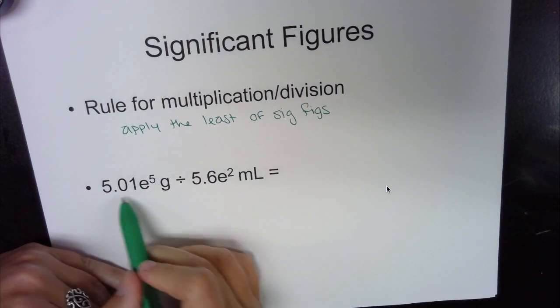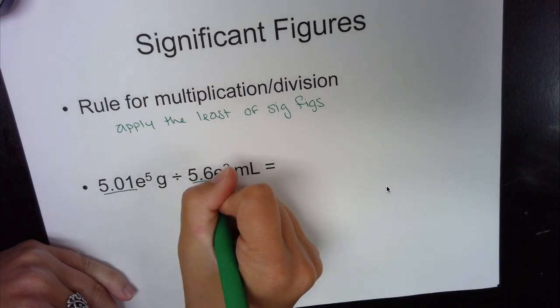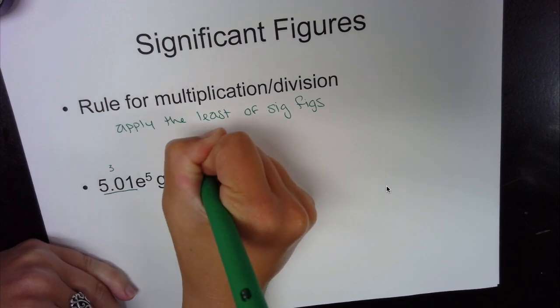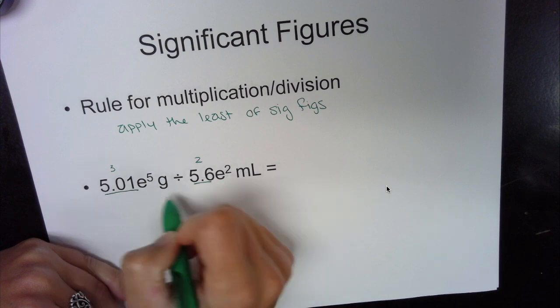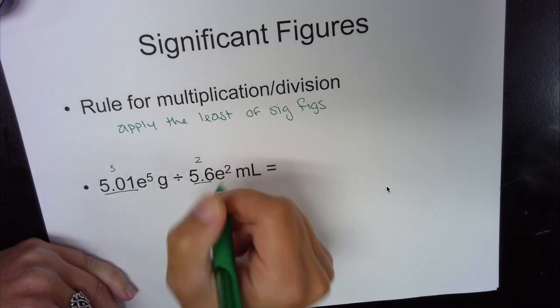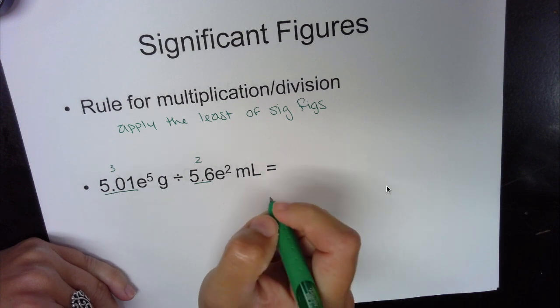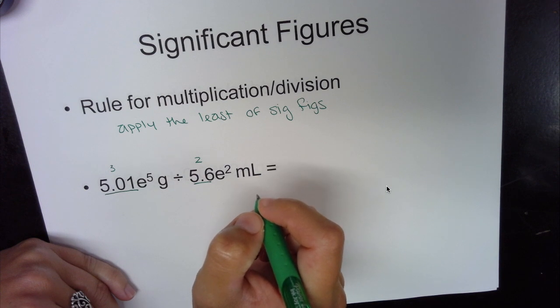Okay, so look at these. How many sig figs is this? How many sig figs is this? I hope you said 3 and 2. So when we divide these 2 together, we want to keep only 2 sig figs. So go ahead and grab out your calculator and type that in.